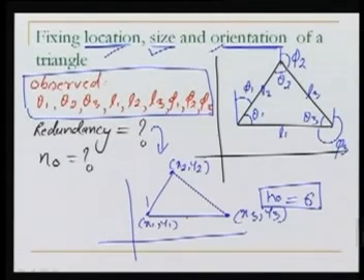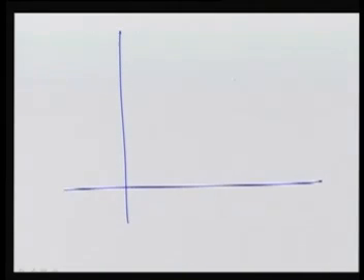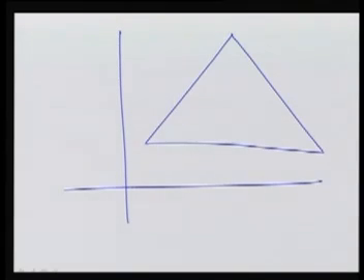You can say this same problem in a different way also. The same triangle. I observe one value of phi, so orientation is fixed. I observe two angles, theta 1 and theta 2.